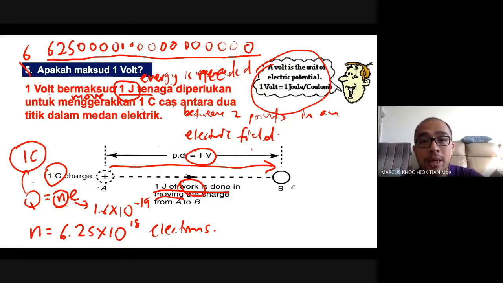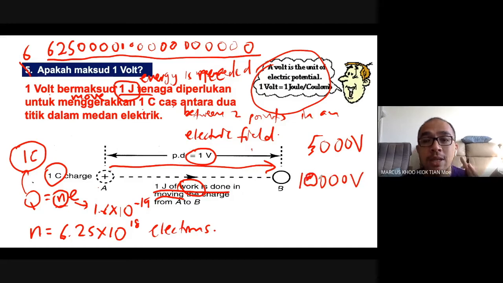Remember yesterday when we were talking about extra high tension, we were talking about 5,000 volts, 10,000 volts, for example. Can you imagine how many electrons are flowing? Kalau 1 volt saja is this amount of electrons. Bayangkan kalau 5,000. That's a lot of electrons that are flowing.